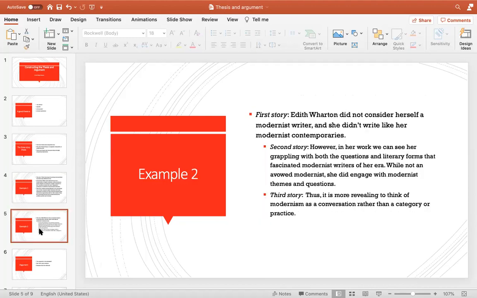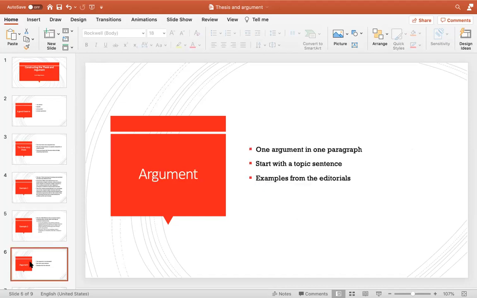There is one more example about first story, second story, third story thesis statements. You can read them on your own. It is on the slide. When you listen to this lecture, you can just pause over here and read this example as well. Let me proceed to the argument part of your paper, which is the second part of your argument analysis paper.